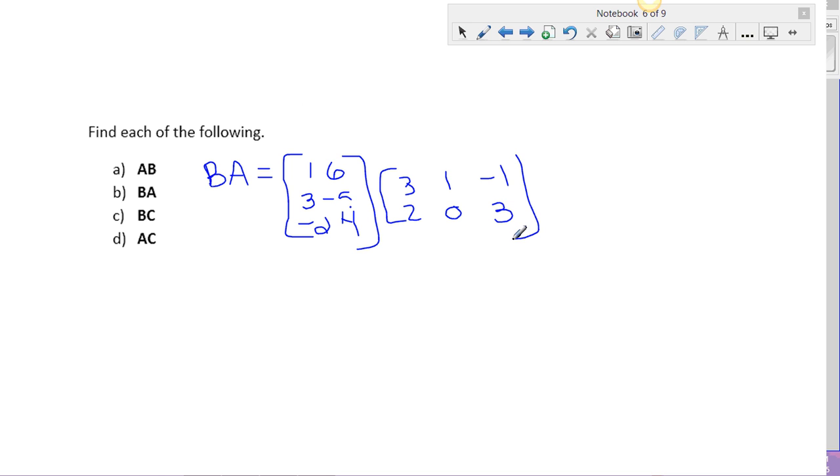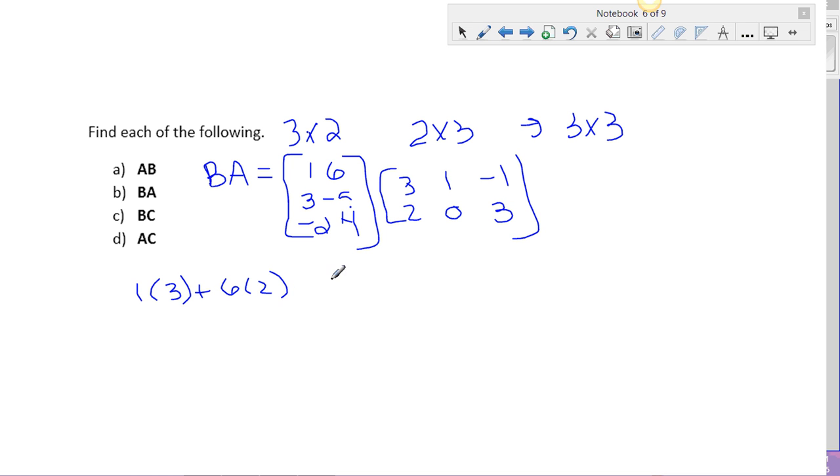Since this is a 3 by 2 and this is a 2 by 3, this is going to give us a 3 by 3 matrix. We're going to start with the 1. 1 times 3 plus 6 times 2.